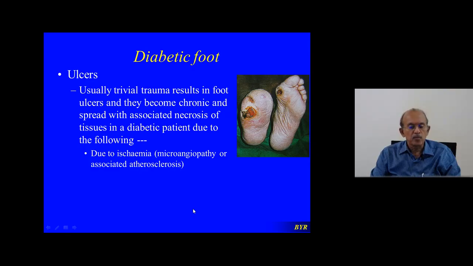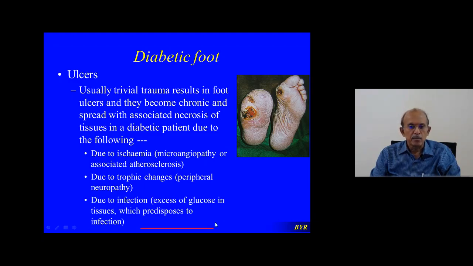Due to ischemia, there is microangiopathy. Already I told you there will be thickening of the arterial media, which causes arteriolar constriction, and there will be associated atherosclerosis. Then due to trophic changes, peripheral neuropathy causes lack of sensation, and lack of sensation causes trophic ulceration.